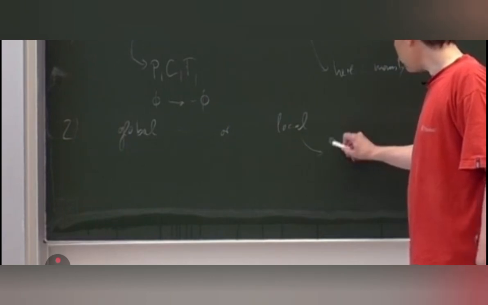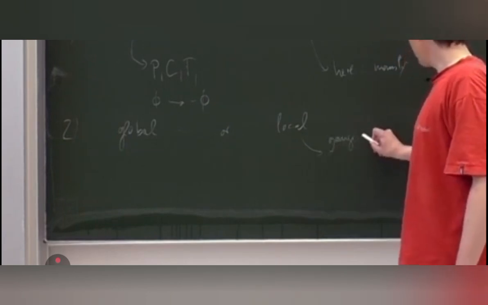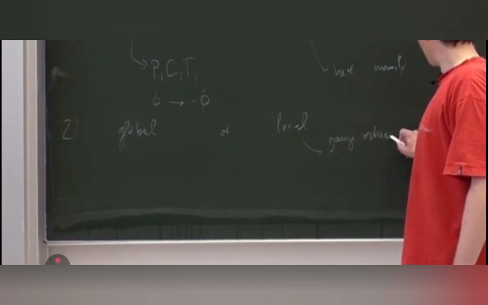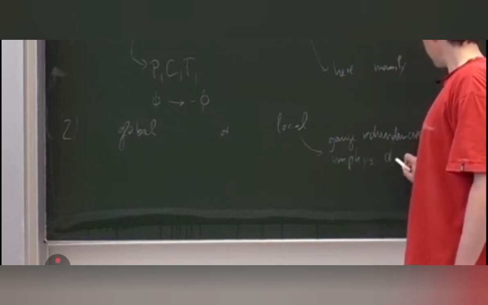So that corresponds to gauge redundancies, unphysical degrees of freedom. So the interpretation of the symmetry is typically more difficult.